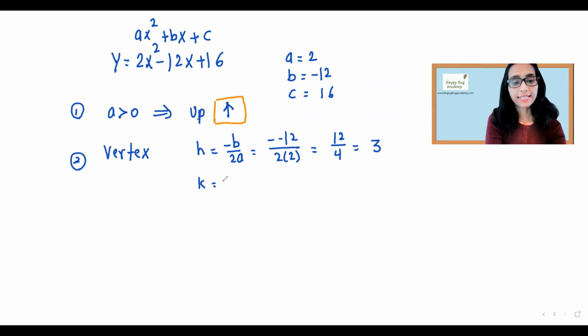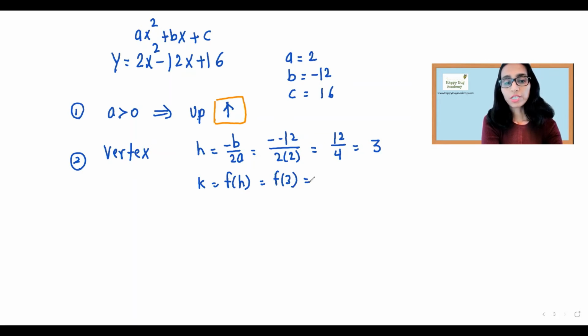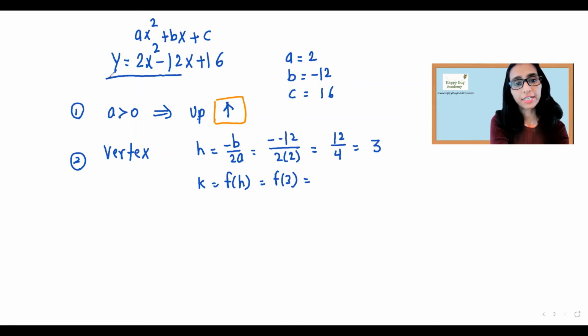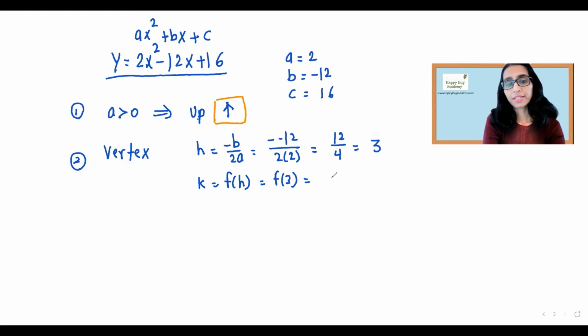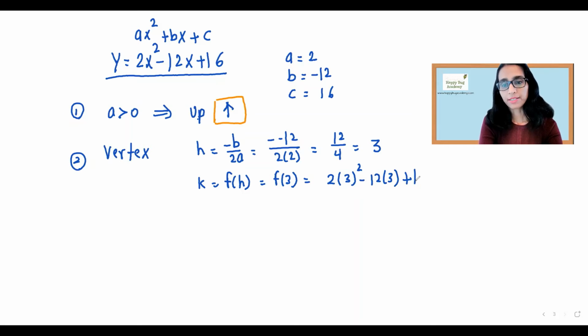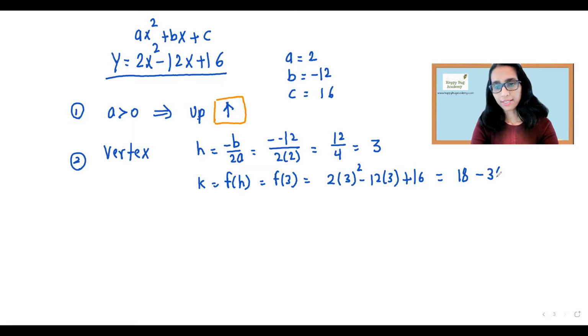And k is given by f of h. In this case, we found out that h is 3. So we are going to substitute 3 in our original equation right here for x. Substitute x with 3 and we get 3 squared minus 12 times 3 plus 16, and that is 9 times 2 is 18 minus 36 plus 16.